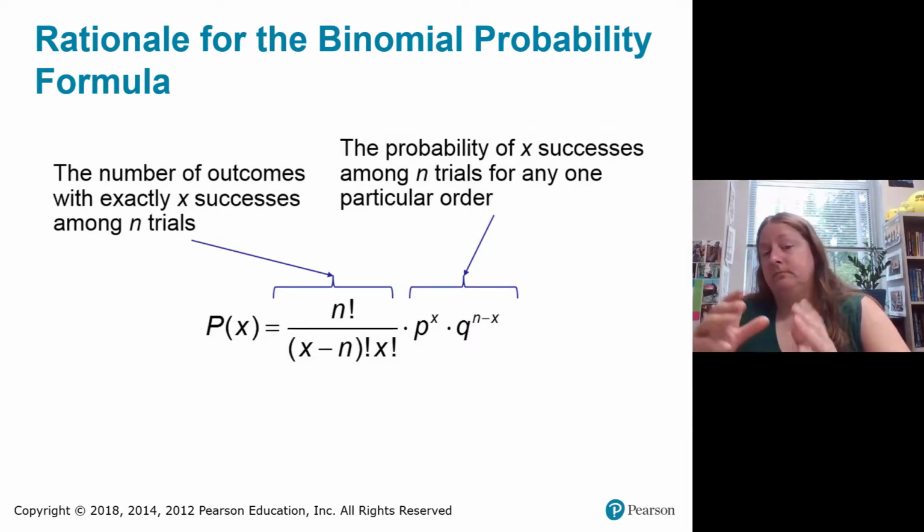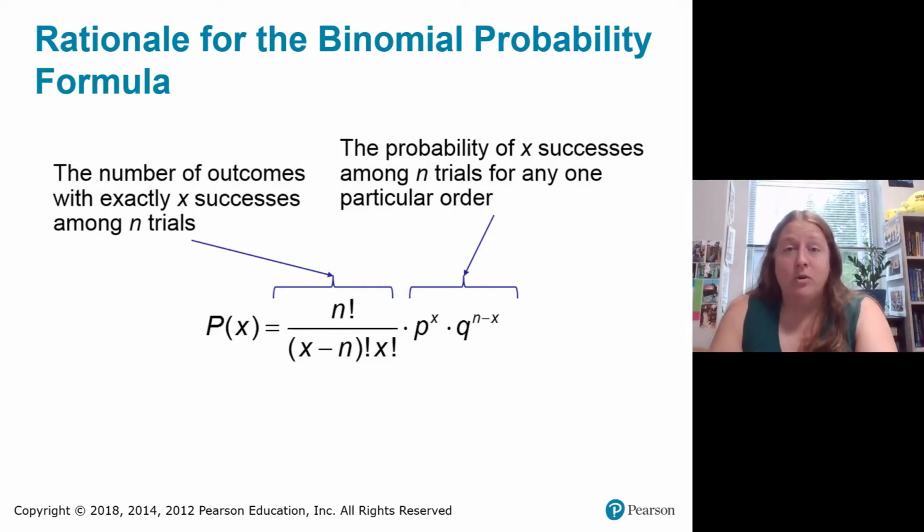So that's really telling me the probability of X successes among N trials for just one possible way of doing it. But there's more than one way to do it in most cases. And so I'll be adding that to itself over and over again because my addition rule says, hey, that order, or that order, or that order, I've got the word or, I need to add my probabilities together.